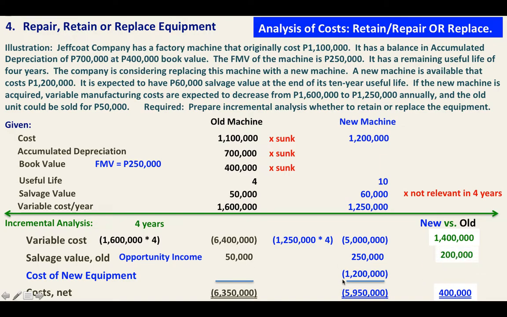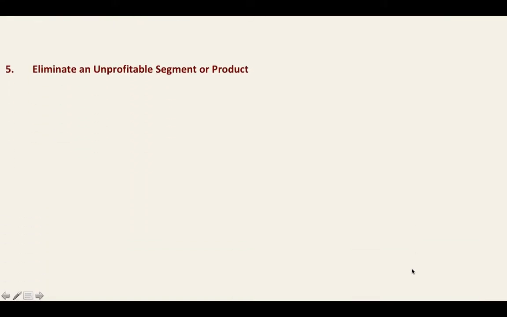So here, negative 1,200,000, then there's nothing. So you have a negative here of 1,200,000, and the net effect of this is 400,000. Okay, so our decision is to replace the equipment, replace the old machine. Okay, class. So with this, let us move on.